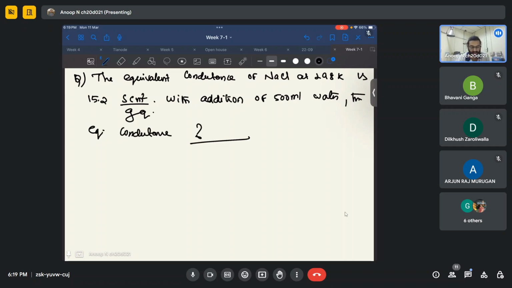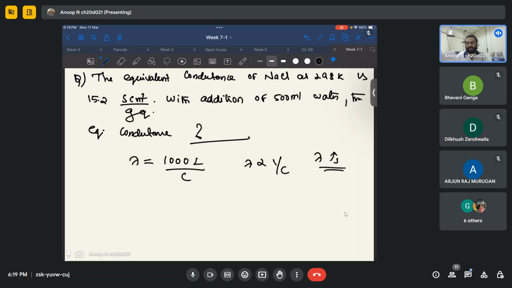We have seen this problem, I think in practice itself. Lambda is equal to 1000 L by C. Lambda is proportional to 1 by C. So as we dilute, what happens? Lambda increases. So that's the answer.